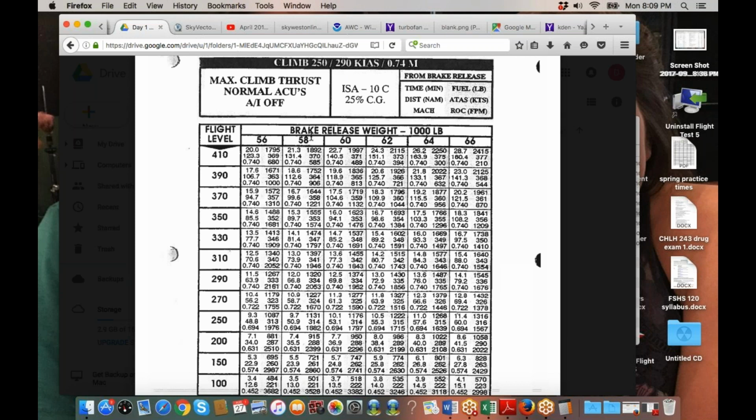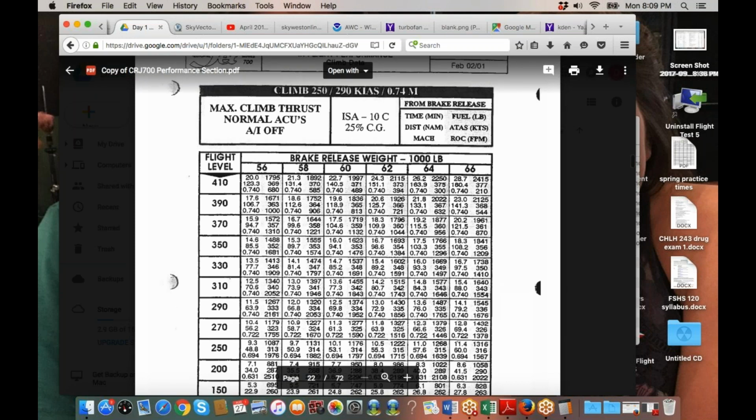And what we're looking at here is a 250 knot table, or Mach 7.4. Oh, that's actually a climb table. So this is a climb table.